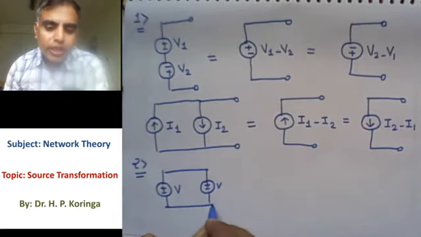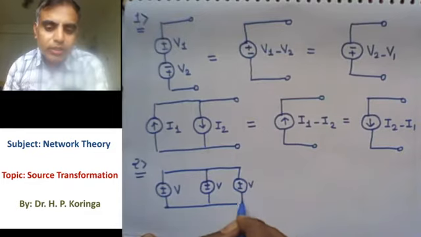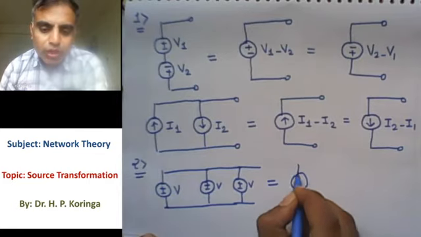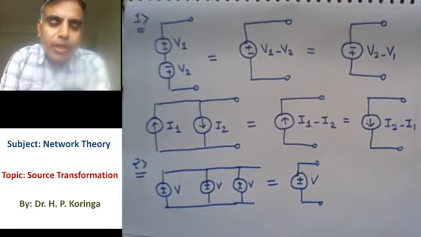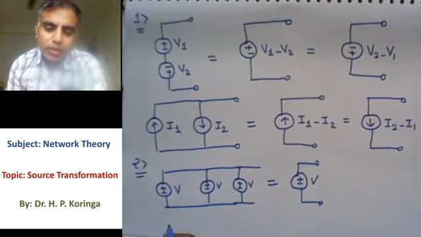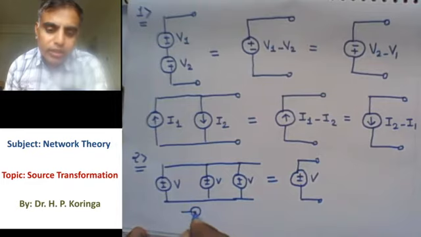Any number of voltage sources, if connected in parallel, the voltage is the same, so they can be replaced by a single voltage source with the value V. No need to do additions because in parallel the voltages are the same. Same rule for the current source.